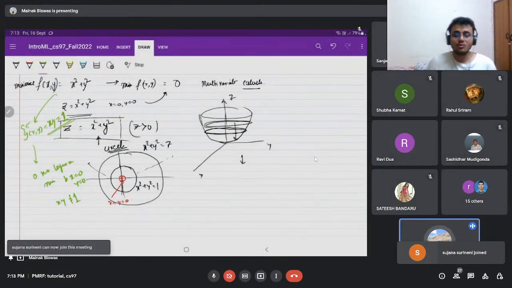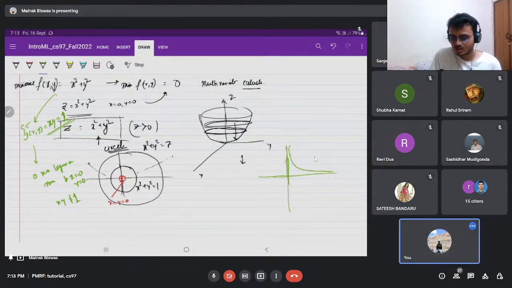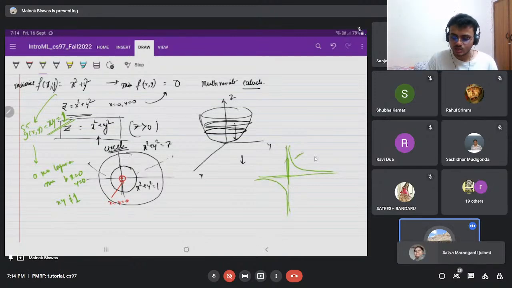Exactly. So we want a point on xy equal to 1, which is a hyperbola, as we all know, this rectangular hyperbola. So this is xy equal to 1. Any point on this curve will give you a valid solution, but not any point elsewhere.